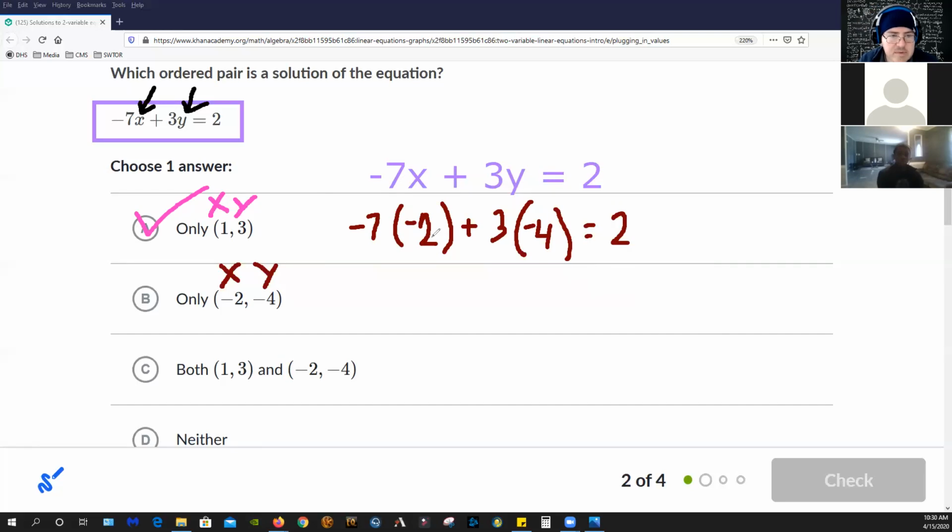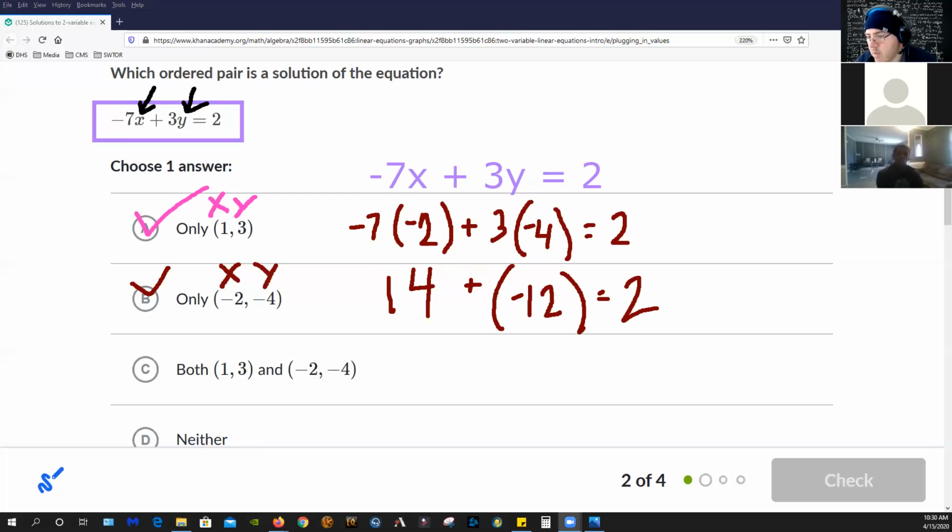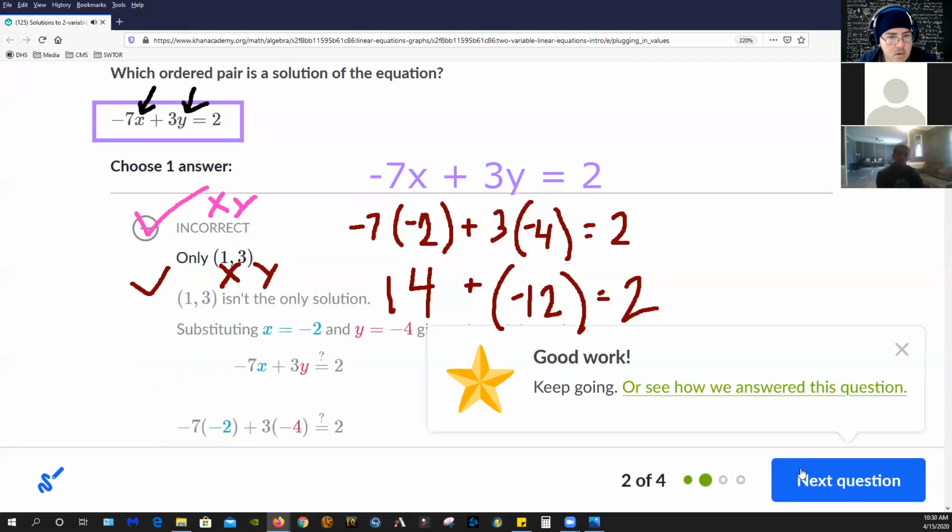Well, negative 7 times negative 2 is a positive 14. 3 times negative 4 is negative 12. So 14 plus negative 12 is the same as 14 minus 12, which is equal to 2. So I'm pretty sure they both work. Very swish, very smart. Those are the people that were chiming in that both are correct. Very nice.